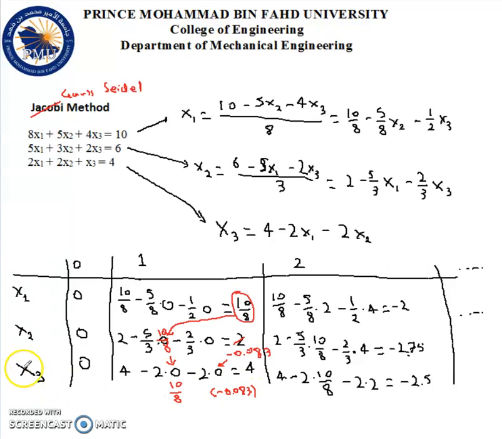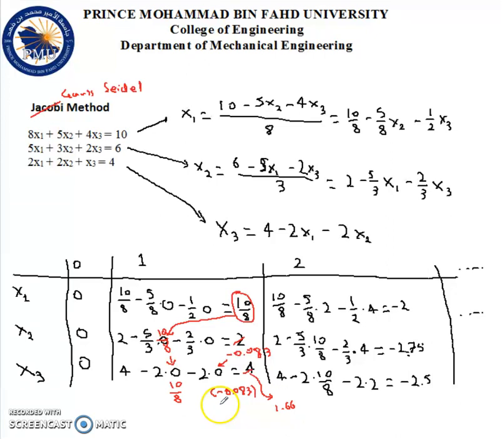In other words, x3 now is 4 minus 2 times 10 over 8 minus 2 times negative 0.083, and this is 1.66.